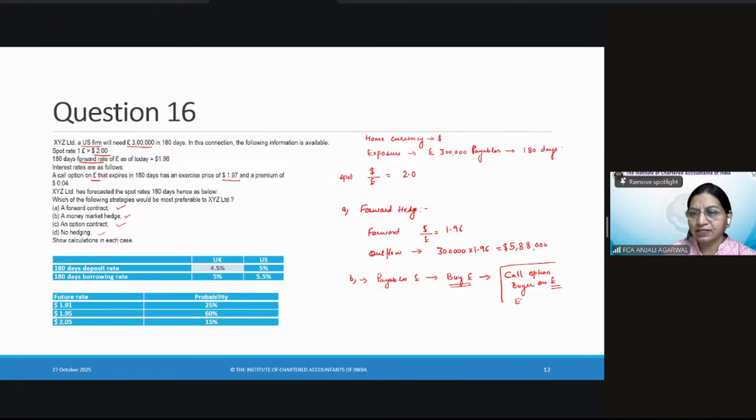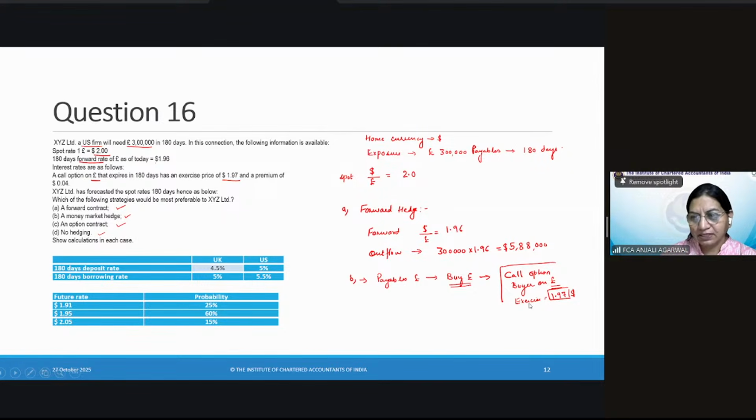So if you exercise the call option, then definitely you will end up paying $1.97 per pound to be able to make the payment of 300,000 pounds. So if you go for a call option, pounds are available at a strike price of 300,000 into 1.97. Your outflow in terms of exercising the call would definitely be 5,91,000. A little more than forward, plus there would also be some premium.